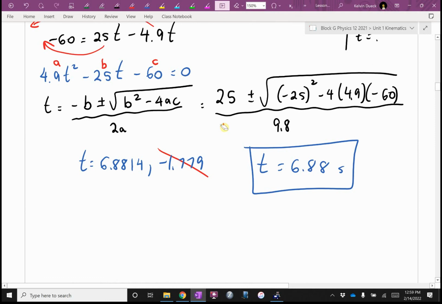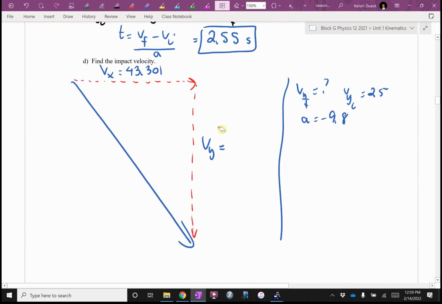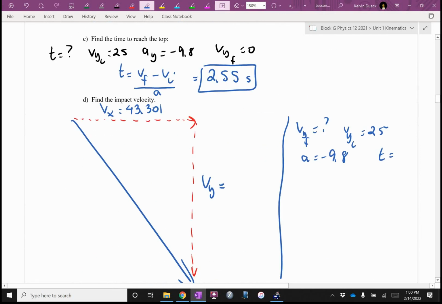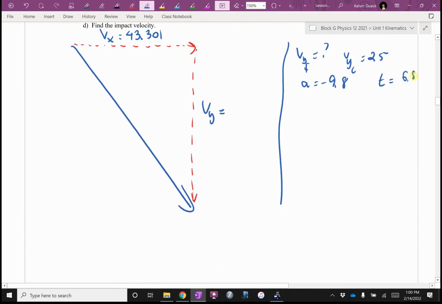6.88 seconds? Yeah. I can use T equals, I'll use the 5 sig fig version, 6.8814. Or I could have used the dy of negative 60, I think. That would also get me there, but this gets me there a little cleaner, because I'm looking for an equation that's got a VF, a VI, an A, and a T in it. There is one. It's VF equals VI plus AT.